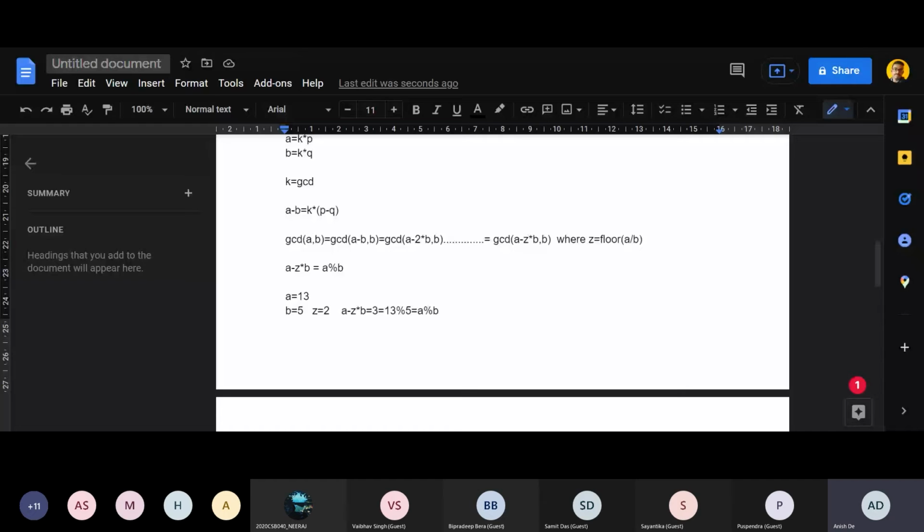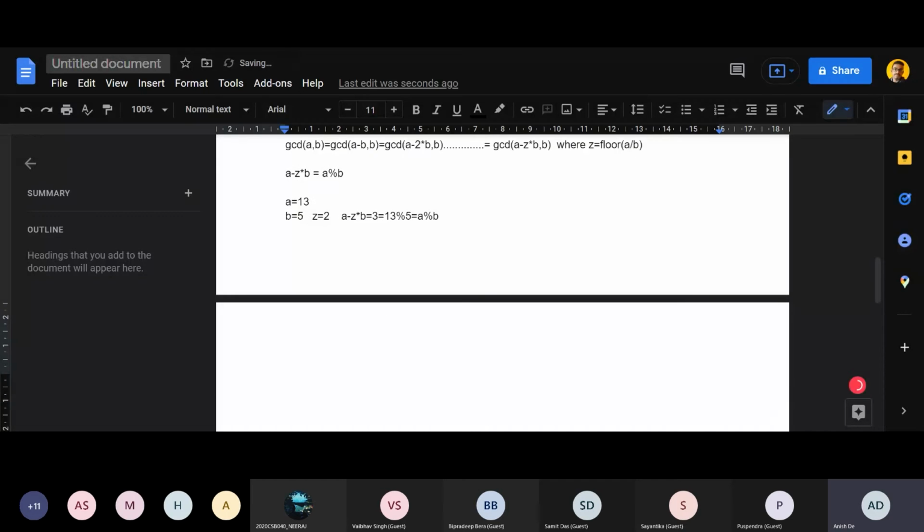Yeah, so what we have got is GCD of A comma B equals GCD of A mod B comma B. Now, can anyone realize how much we have improved the time complexity?